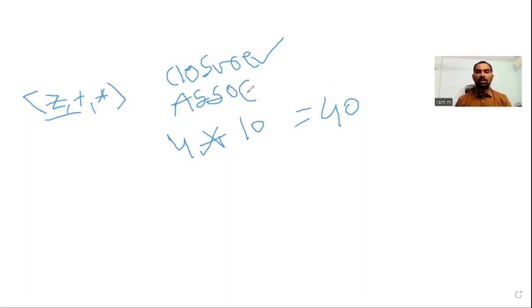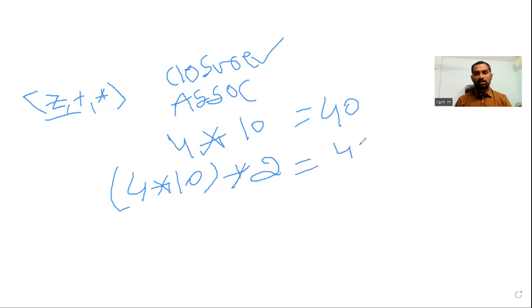Now what about the associativity property? What does it say? (4 star 10) star 2 should be equal to 4 star (10 star 2).